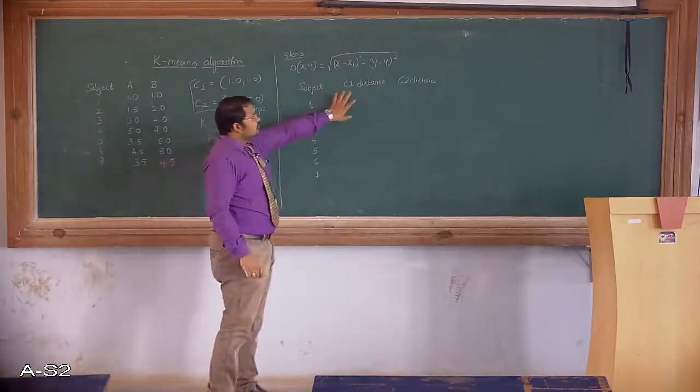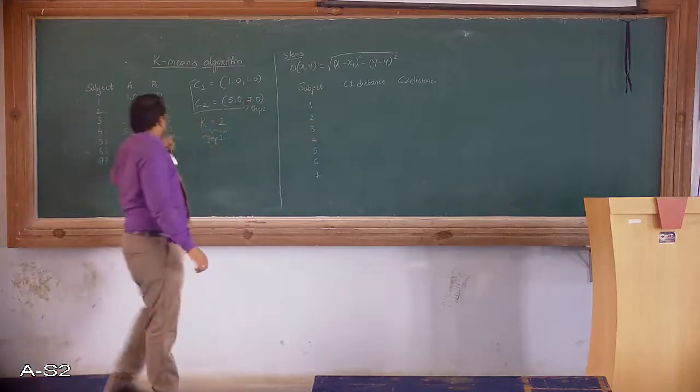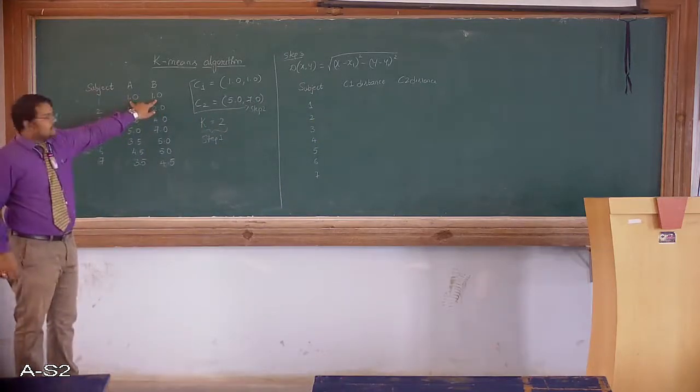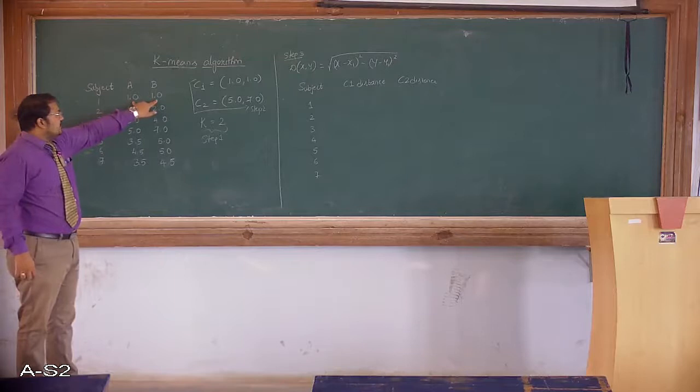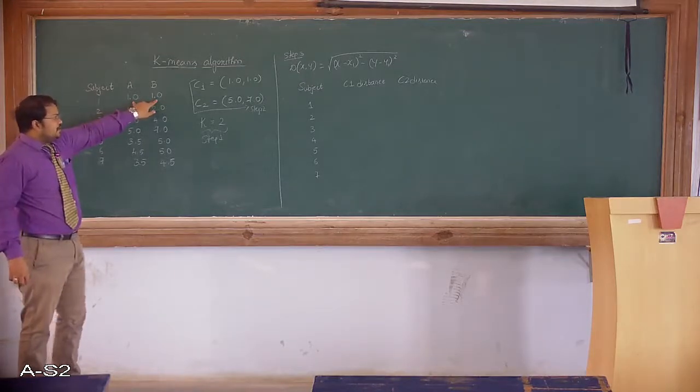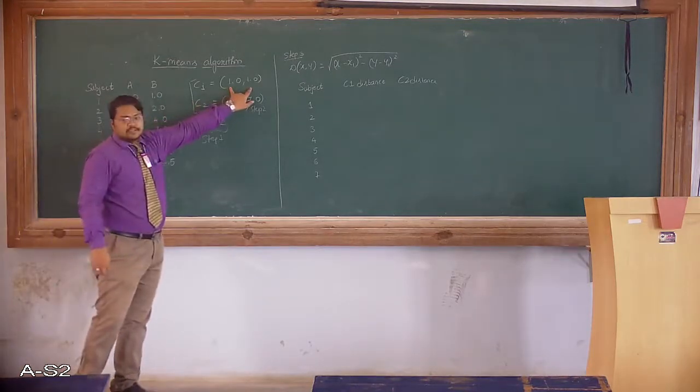Here we are computing the C1 distance. These two are xi and yi, and this is x and y.